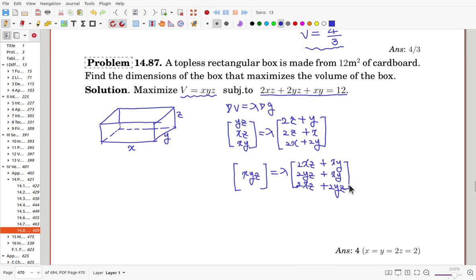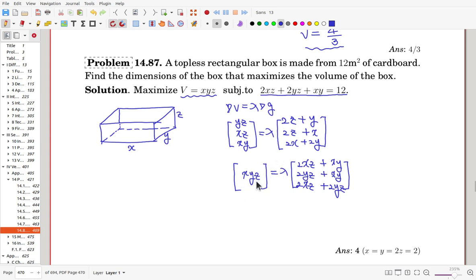Right? Again, if lambda is 0, then at least one of x, y, z must be 0, which means no volume. So lambda cannot be 0.